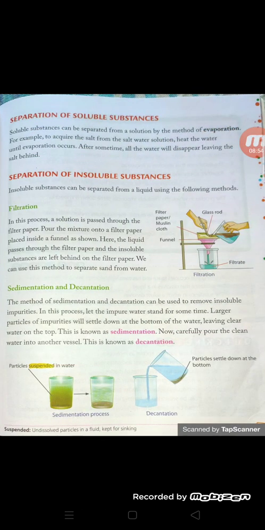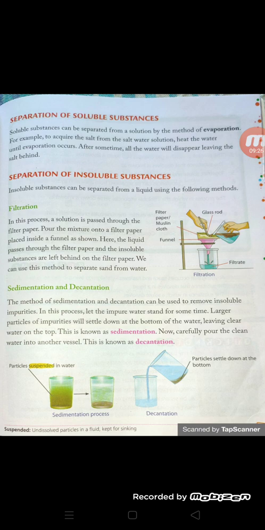Okay. Separation of soluble substances. Soluble substances can be separated from a solution by the method of evaporation. So, for example, to acquire the salt from the salt water, means how to take out the salt from the salt water, we have to heat the water until evaporation occurs.